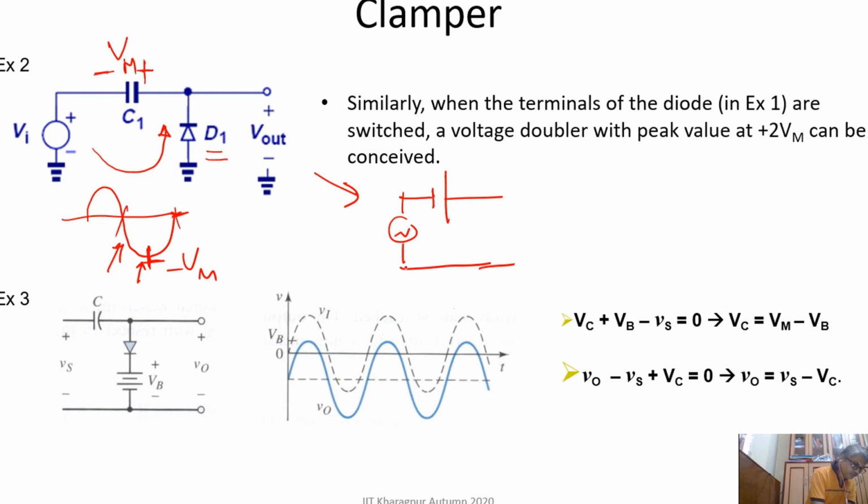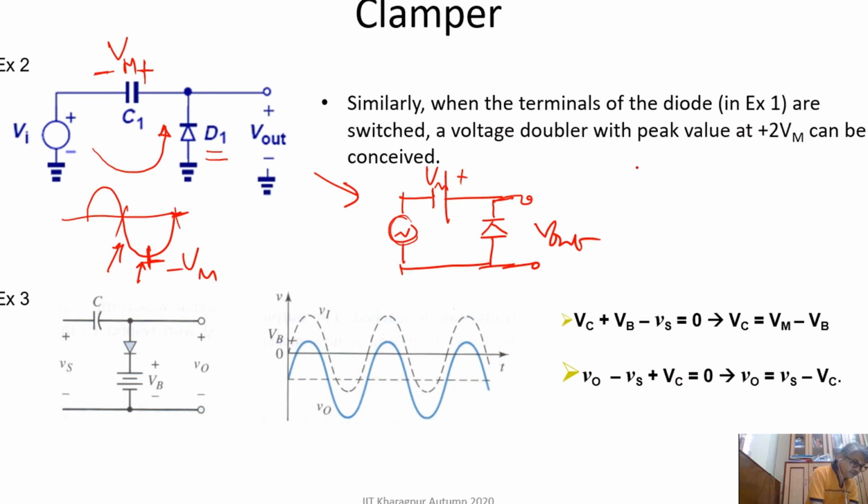Again, like the example in the last slide, if we measure the output voltage here, when the diode is open, the entire input voltage will be at the output, and also a plus Vm shift.